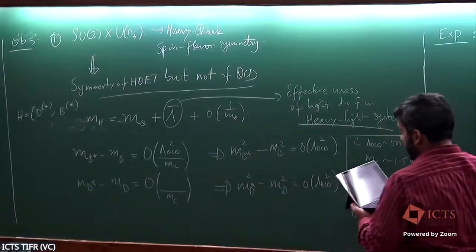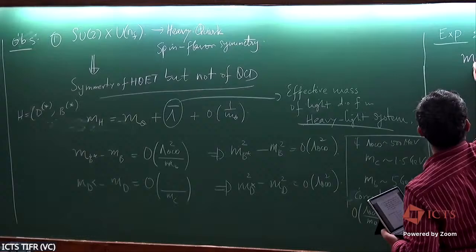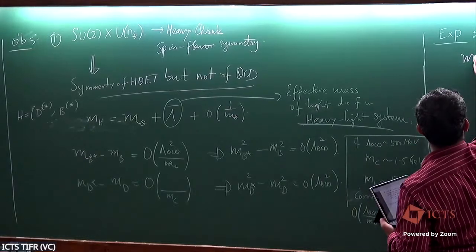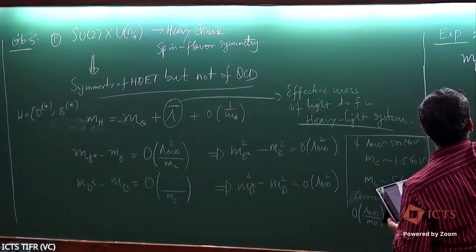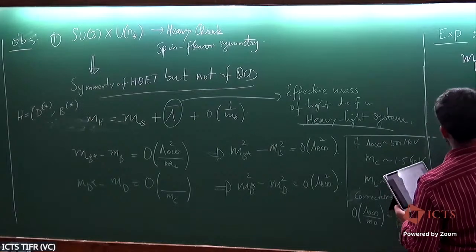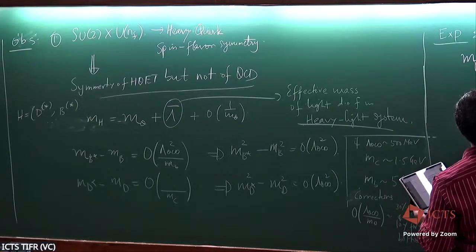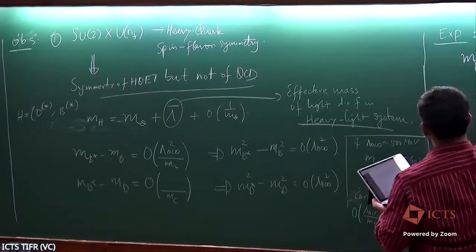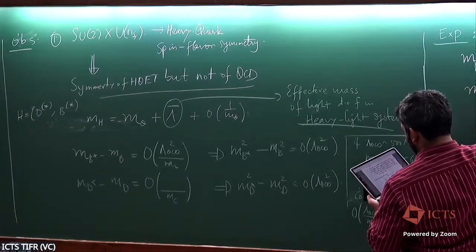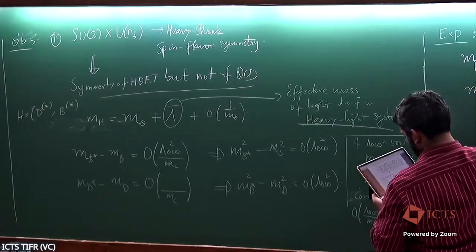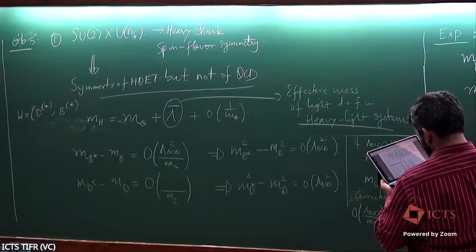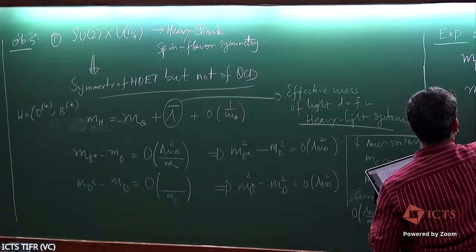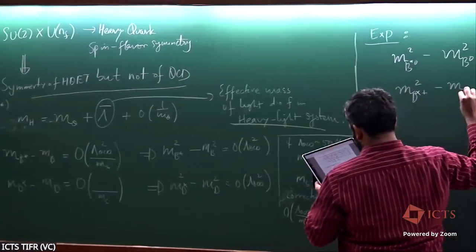So experimentally, what we have seen is MB star 0 square minus MB 0 square is roughly 0.48 GeV square.